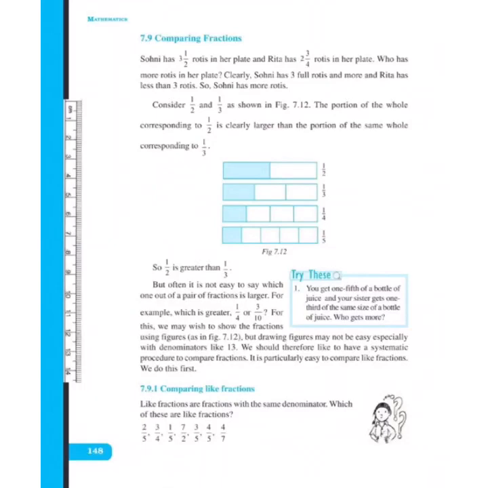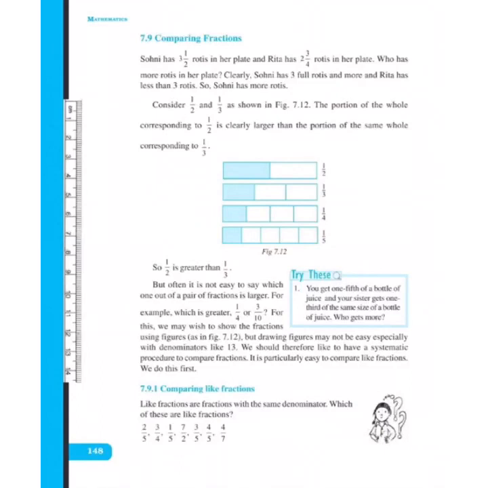Children, you can see on page number 148 some fractions are given, and we have to find out which are like fractions. So 2 by 5, 3 by 4, 1 by 5, 7 by 2, 3 by 5, 4 by 5 and 4 by 7. Here we will see which fractions have the same denominators.